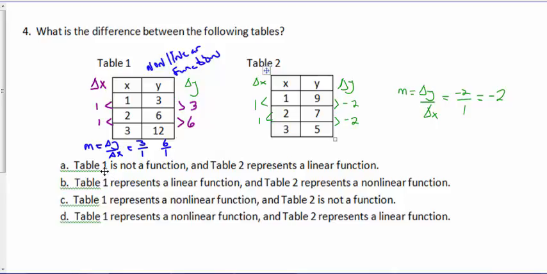So it says table 1 is not a function. Well, none of the x's repeat, so therefore A is out of the question. Table 1 represents a linear function. Well, we said table 1 was nonlinear. Table 1 represents a nonlinear function. Okay, I agree. And table 2 is not a function. Well, table 2 is a linear function.